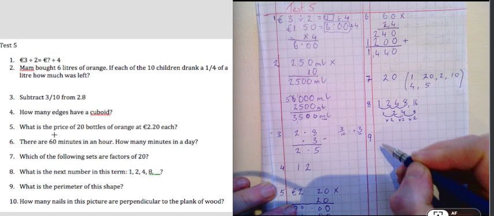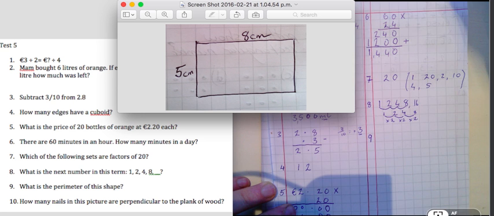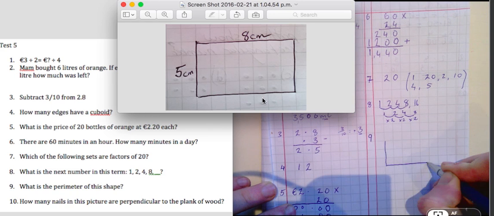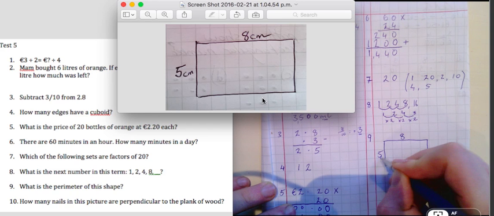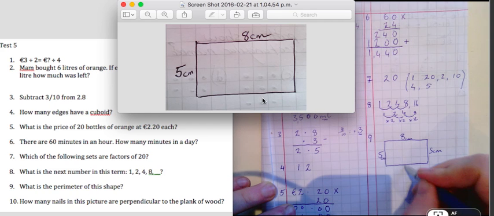Second last one, question 9. What is the perimeter of this shape? To get the perimeter of any shape, we have to add up all the sides. So here's 5, here's 8, so this side here must be 5 also, and this side down here must be 8. If we draw it not exactly to size: 8 centimetres, 5 centimetres, 5 centimetres, and 8 centimetres.